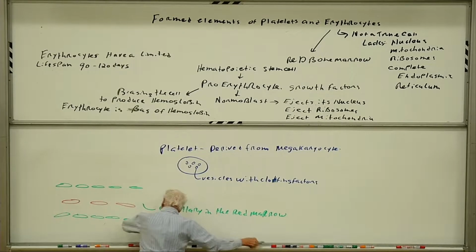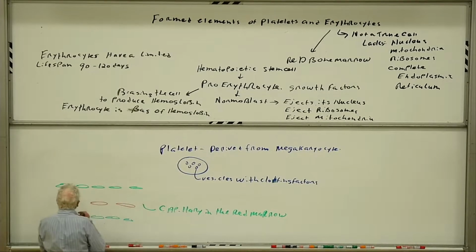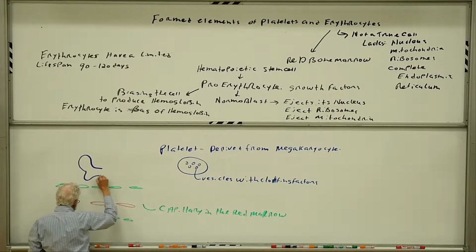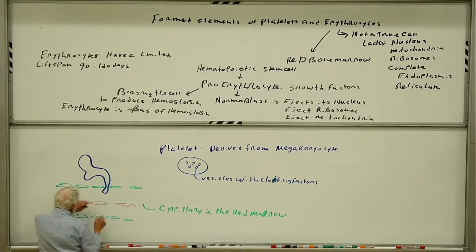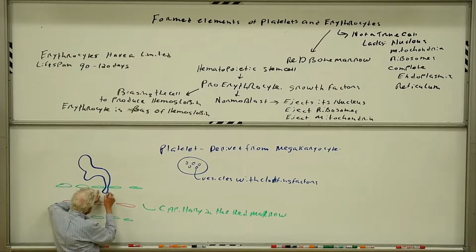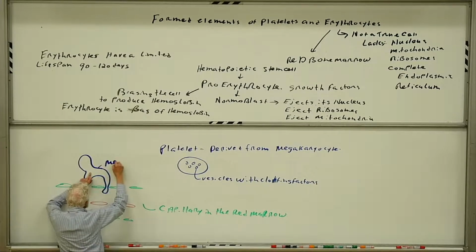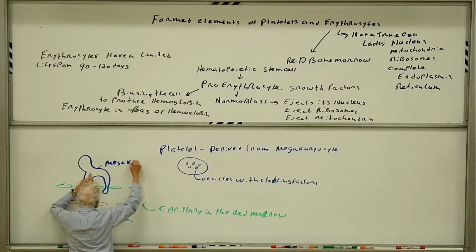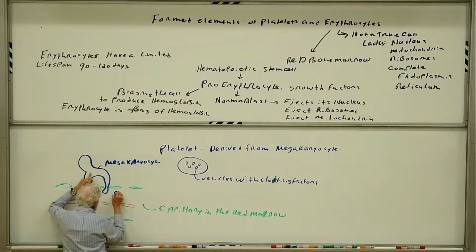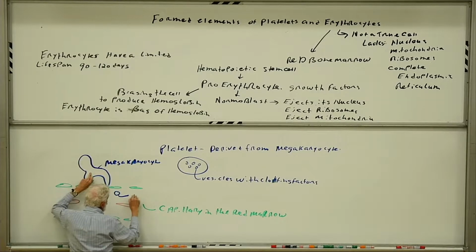But up here in blue is going to be a megakaryocyte. And what it does is it sends a process of its cell down here between the endothelial cells. And then this bit of the process of the megakaryocyte will break off. And when it breaks off, this is now a platelet.